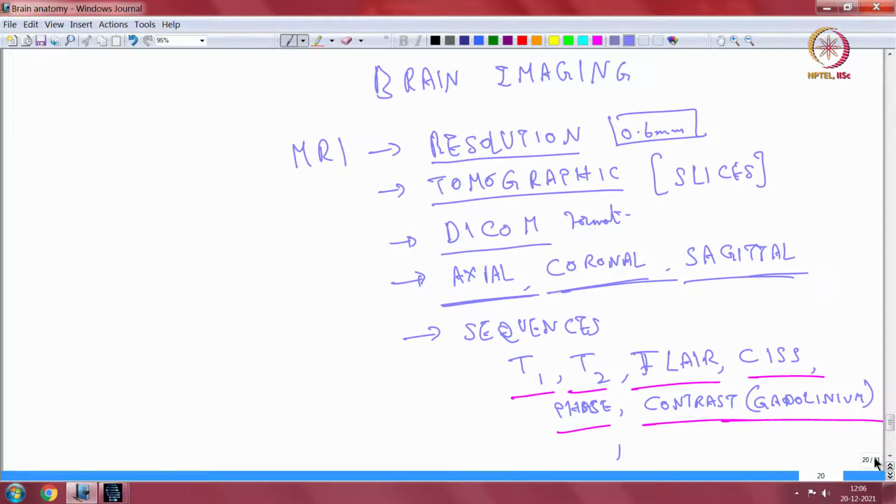I have not included fMRI and diffusion tensor imaging. These are more advanced techniques, and each has its relevance. fMRI, for example, is functional. It tells you about the functional activity in a particular part of the brain based on oxygen consumption, and it is unfortunately of low resolution.